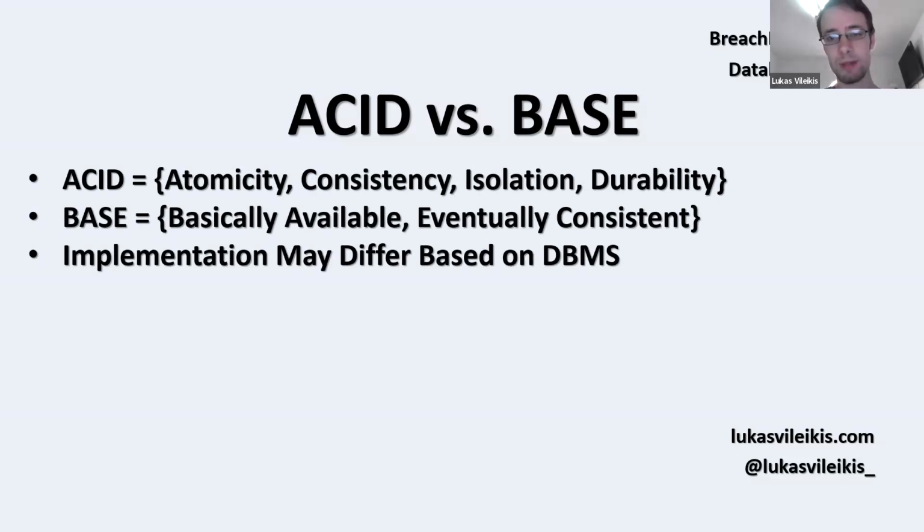ACID will, in essence, guarantee that your data will be consistent, isolated if necessary, and durable, but BASE works the other way around. So if you choose NoSQL, you will be choosing BASE principles, and each of those principles may be implemented differently based on the database management system you choose to use. We are using MariaDB for this example.